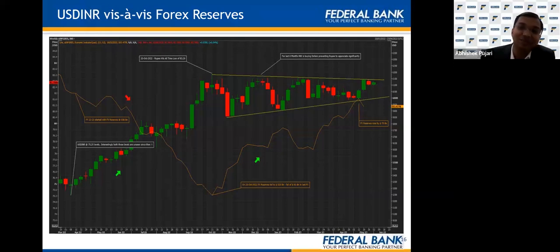The same thing goes vice versa for exporters. Our IT exports or pharmaceutical exports, this bunch of people, benefit from rupee depreciation. So whenever we see a dollar appreciation, all our software giants are in green.